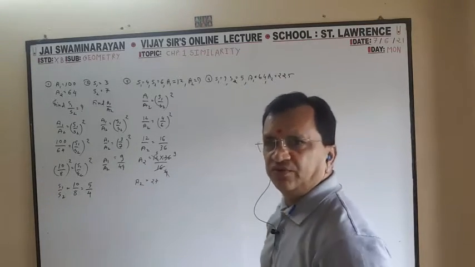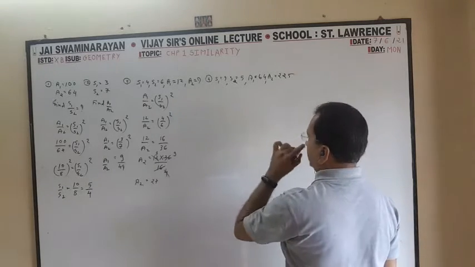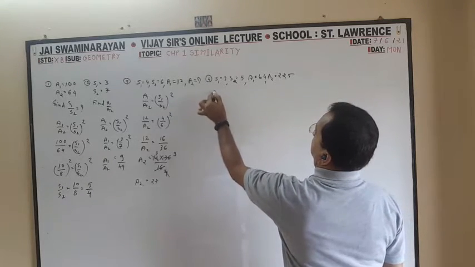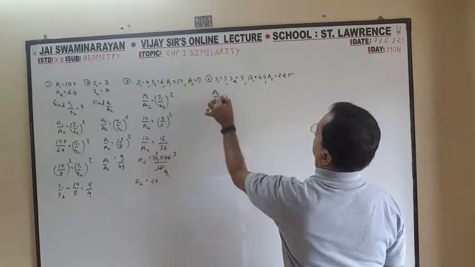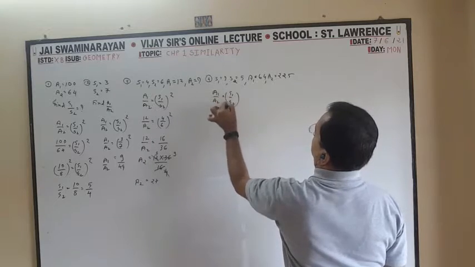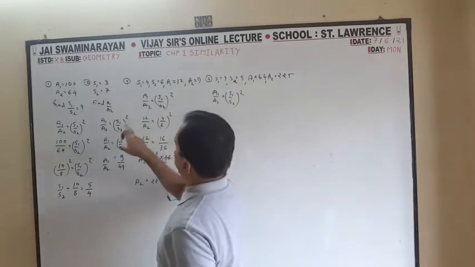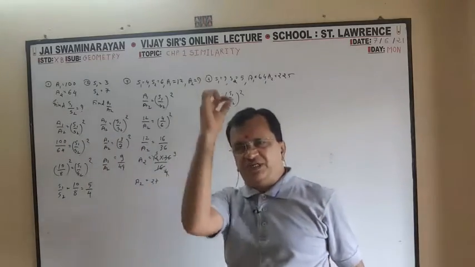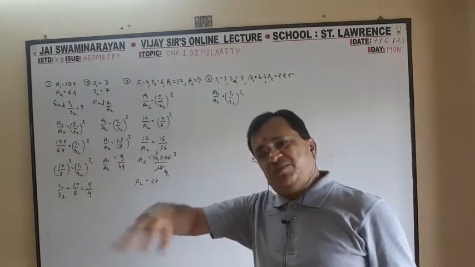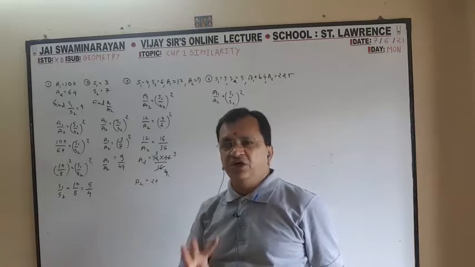Now we have to find S1. Area 1 by area 2 is equal to side 1 by side 2 whole square. 1, 2, 3, 4, I have started with the same formula. The same formula I am using in 4 different ways.